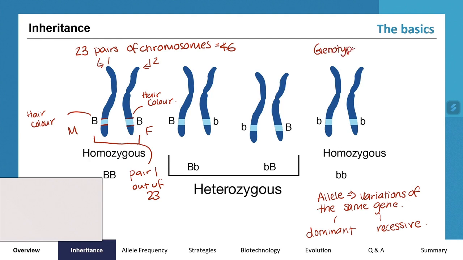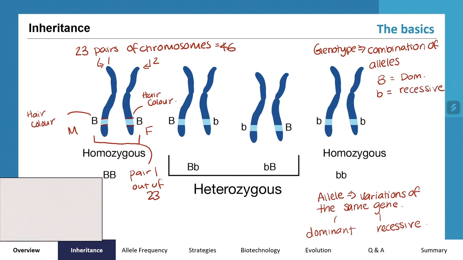So genotype is the combination of alleles and are denoted by letters, basically. So in this case, the gene for hair color, I am marking it by the letter B. Capital stands for the dominant gene. The lowercase b stands for the recessive gene.